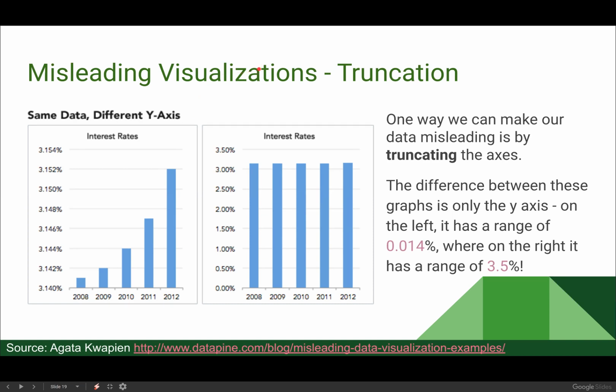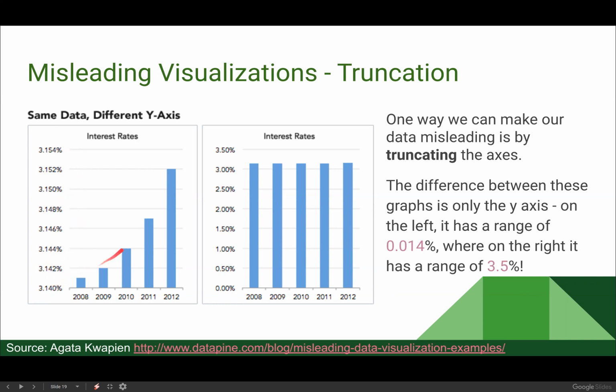One way we can make our data misleading is by truncating the axes. If we look here, we have the same data, but we have different y-axes. On the left, our smallest value on the y-axis is 3.140, and the largest is 3.154. We have a very, very minor difference between those values.